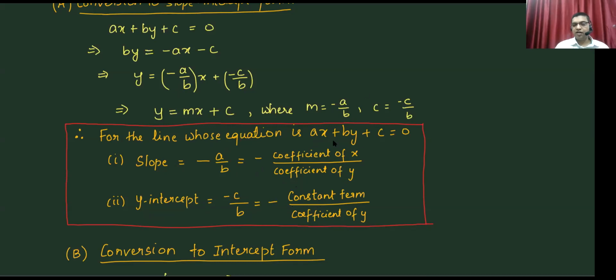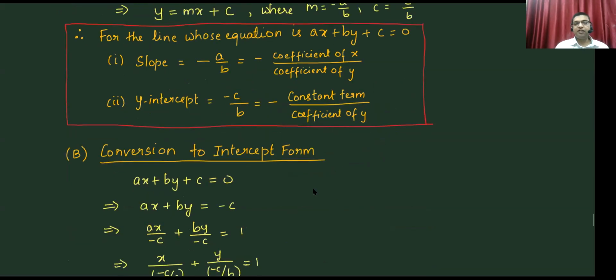So the minute you see this equation ax plus by plus c equal to 0, the slope is minus of the coefficient of x by the coefficient of y, and the y-intercept is minus of the constant term by the coefficient of y.